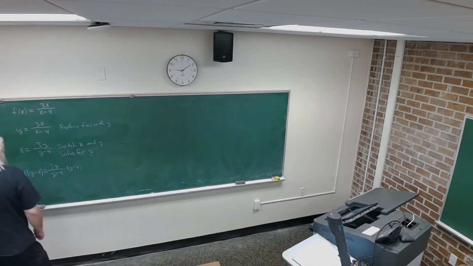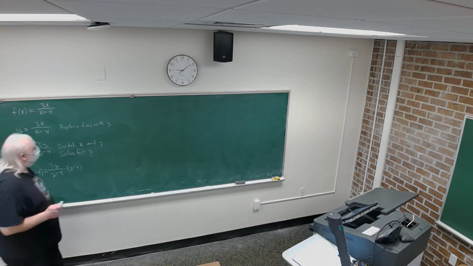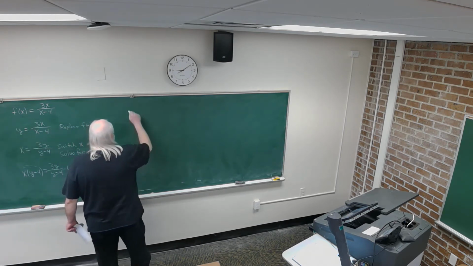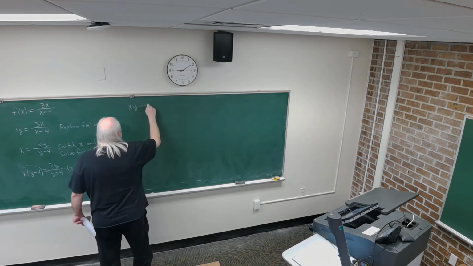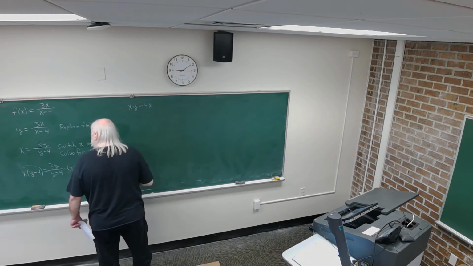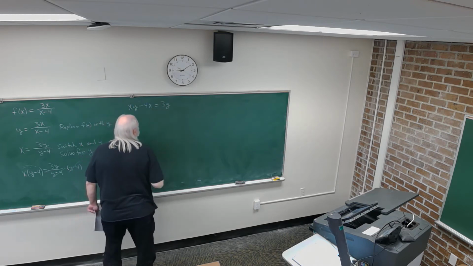And on the left-hand side, we have to distribute the x inside the parentheses. And so when we do that, we have x times y minus 4 times x is equal to 3y on the right-hand side.